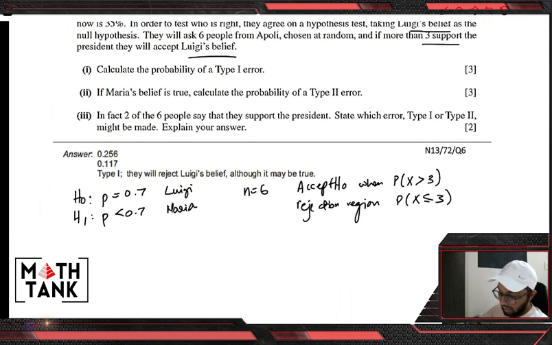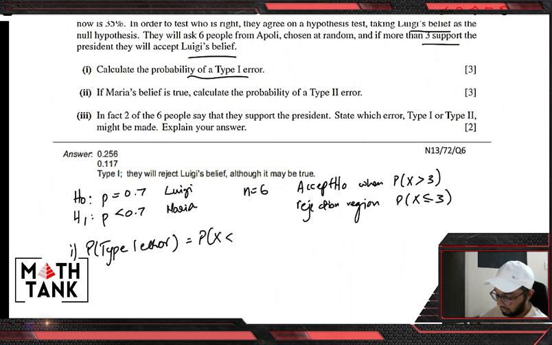It says calculate the probability of a type 1 error. So type 1 error is finding the critical region, which I've already told you about. So x is less than or equals to 3. So 0, 1, 2, and 3. I am going to ignore the probability from Maria, and I'm going to just write 6C0, 0.3 power 6, 0.7 power 0.